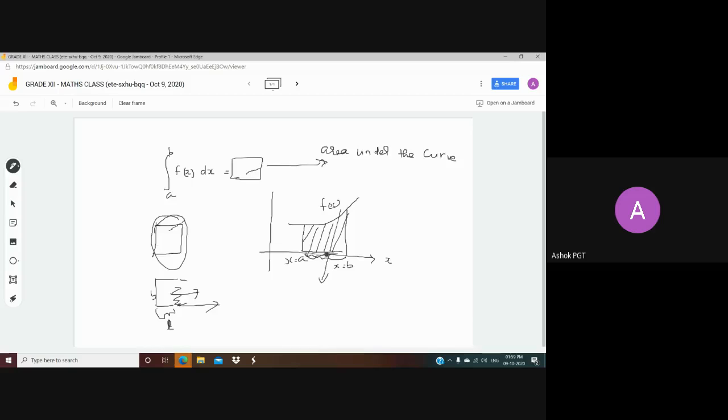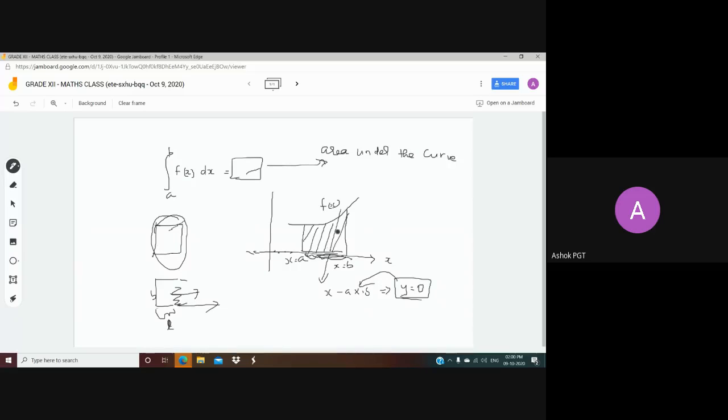At the bottom, it is closed by the x-axis. You know that the equation of the x-axis is represented as y is equal to 0, because each point on the x-axis will have its y-coordinate value as 0. Hence, we can say that the x-axis equation is y is equal to 0. That you learnt in 11th standard.